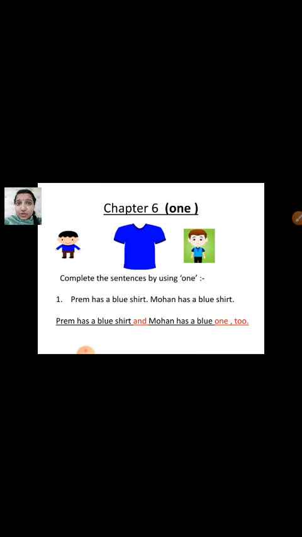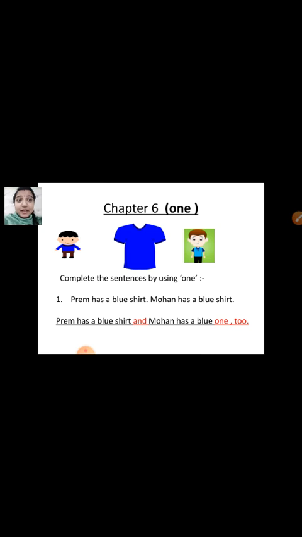First question, Prem has a blue shirt. Full stop. Mohan has a blue shirt. These are two separate sentences. Let's make it into one sentence. Prem has a blue shirt and. Why? We are using "and" to combine the words, connecting the words, and that tells you more.